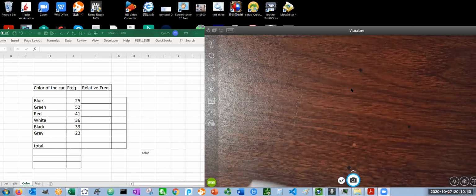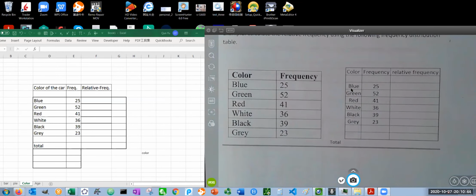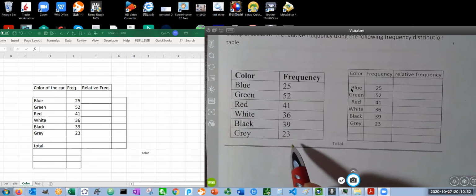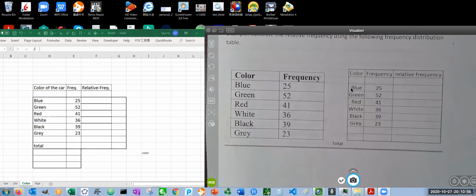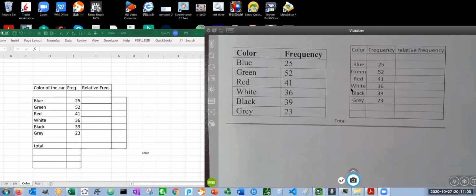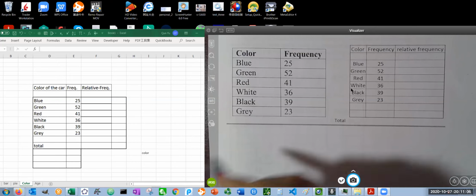Now, as you can see, I have exactly the same table that we had in the beginning. This is a frequency distribution table for the different colors of cars. We already know there are 216 accidents. If we add the numbers together, it's totally 216. Now I'm going to write down the formula to calculate the relative frequency before we do the calculation itself.